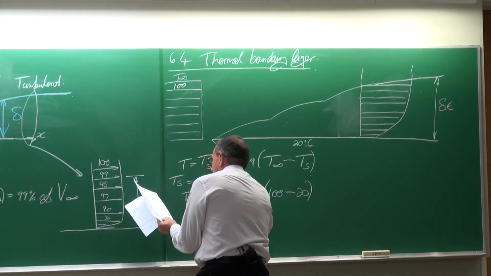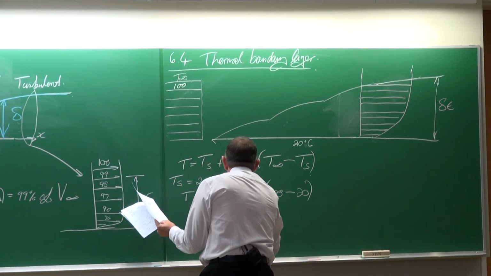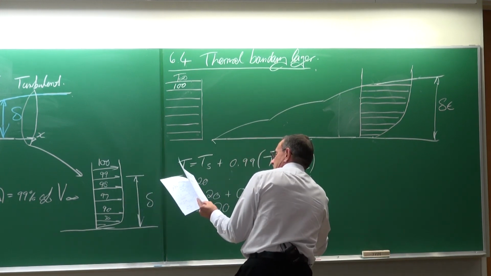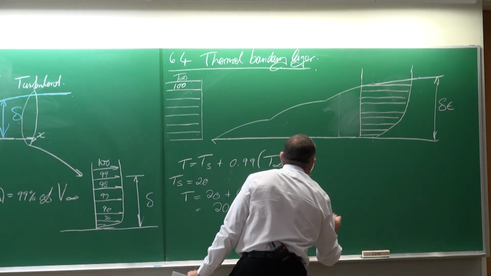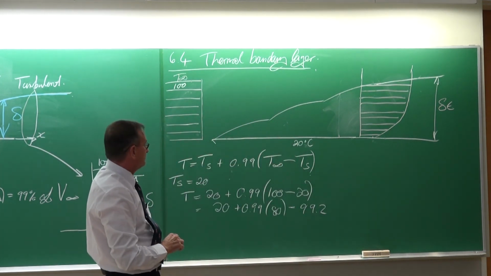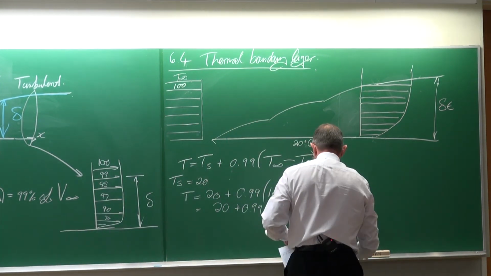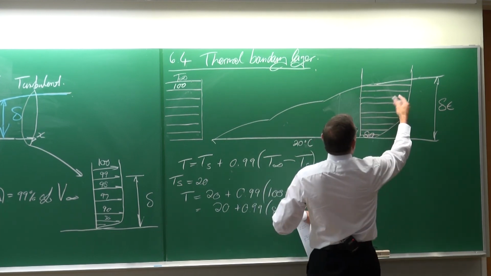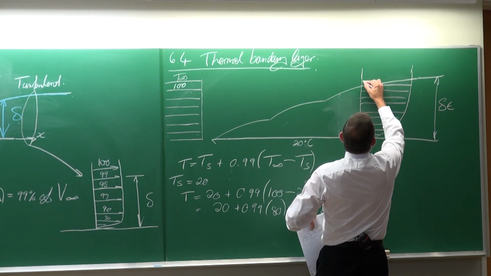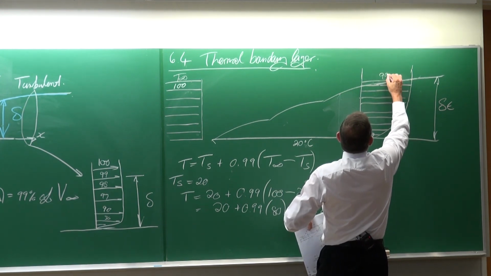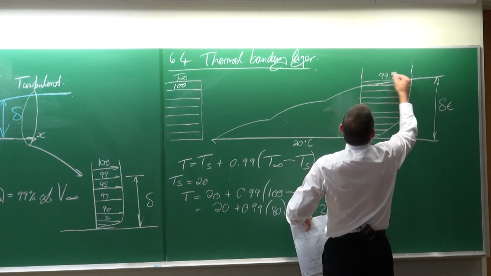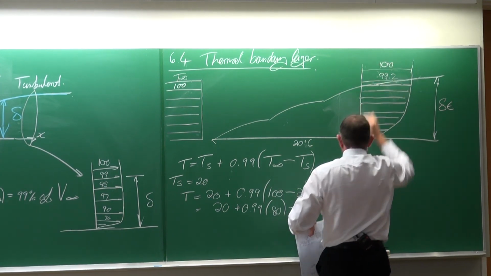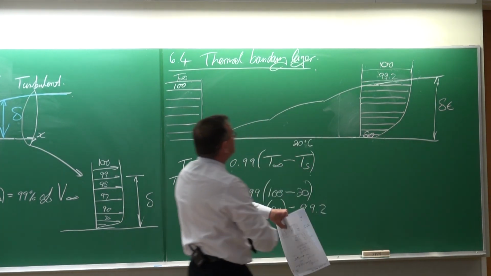And that is going to be 20 plus 0.99 multiplied by 80, and that is going to be a temperature of 99.2 degrees Celsius. So that value there is going to be 20, that one there is going to be 99.2, and the temperature just higher than that is going to be 100 degrees Celsius.